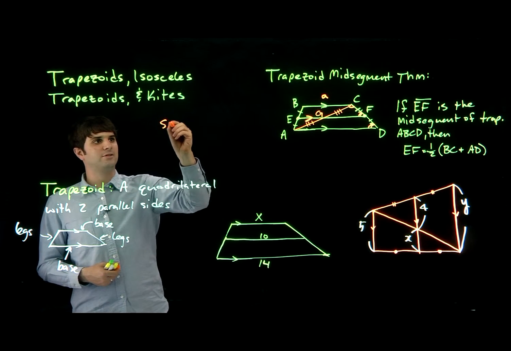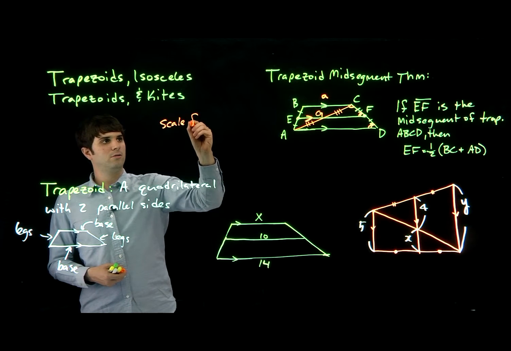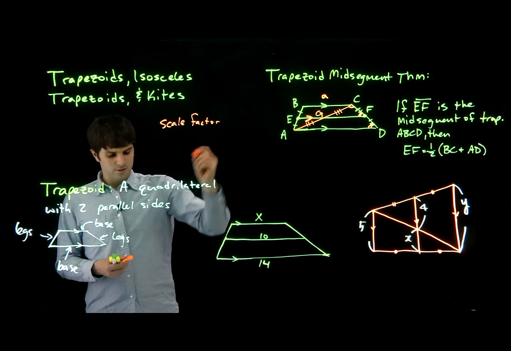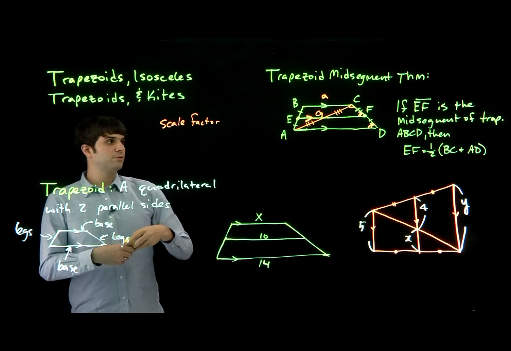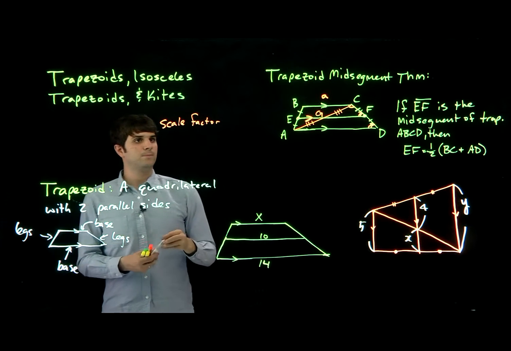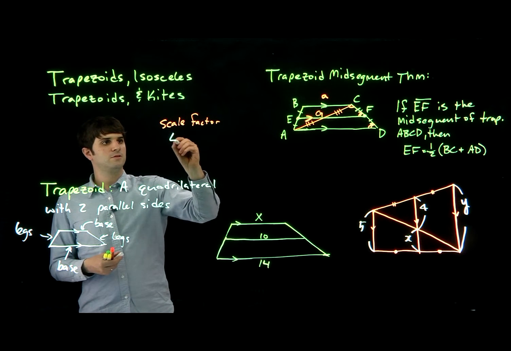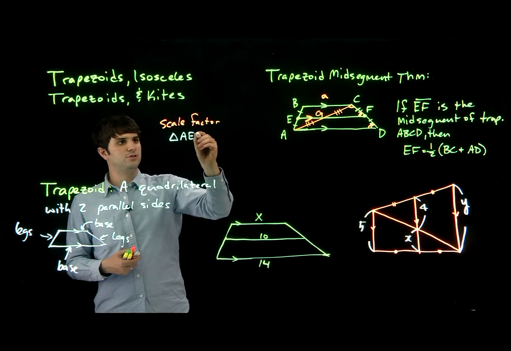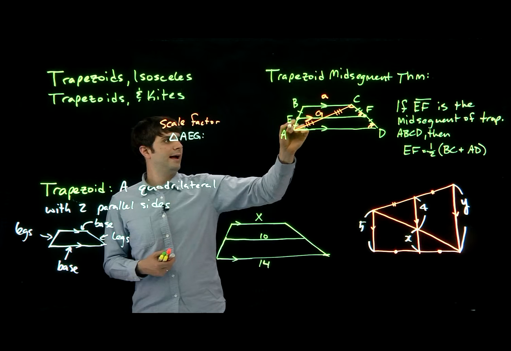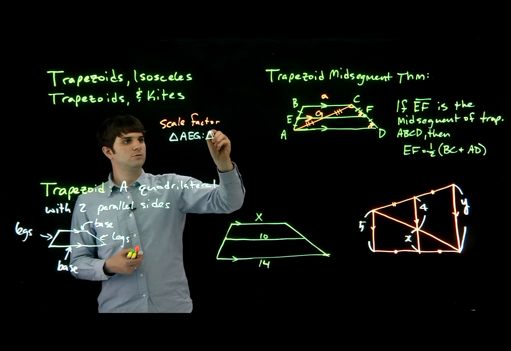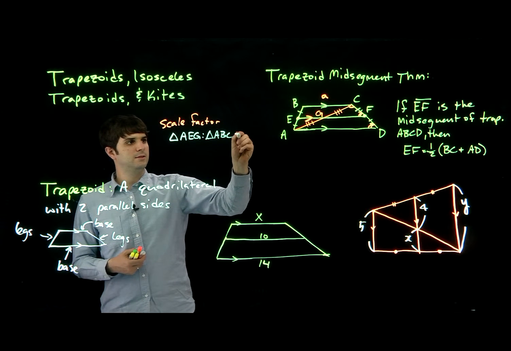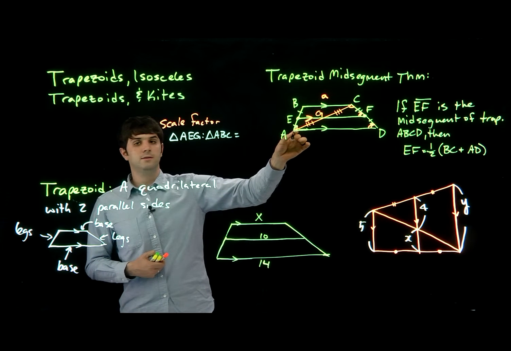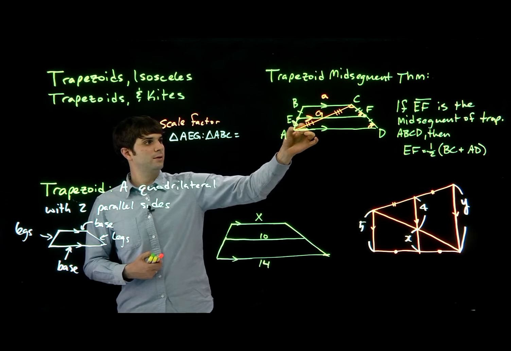The scale factor of triangle AEG to triangle ABC equals 1 to 2, because this is 1, this is 2.